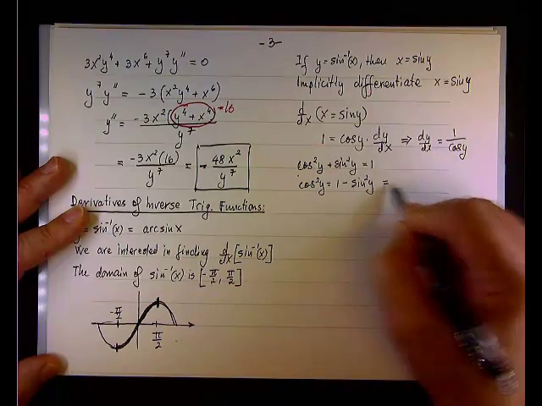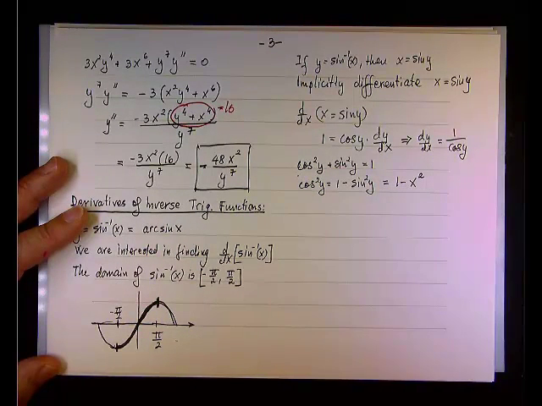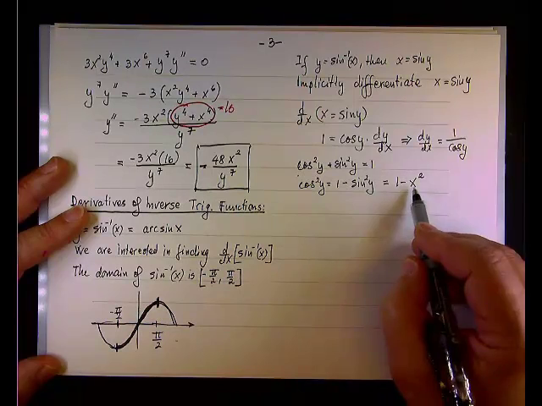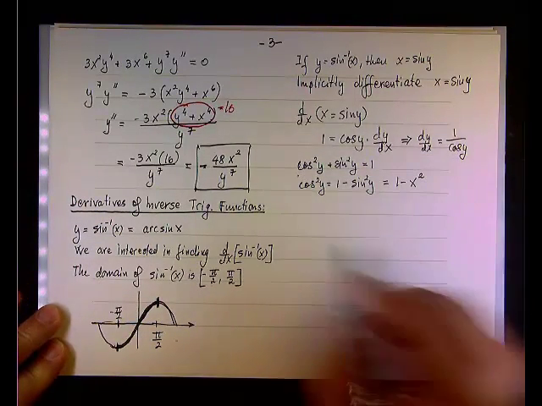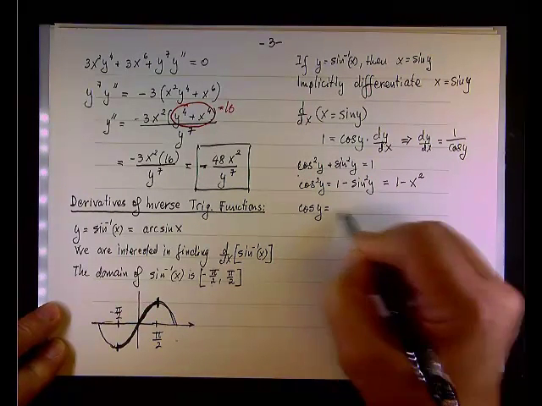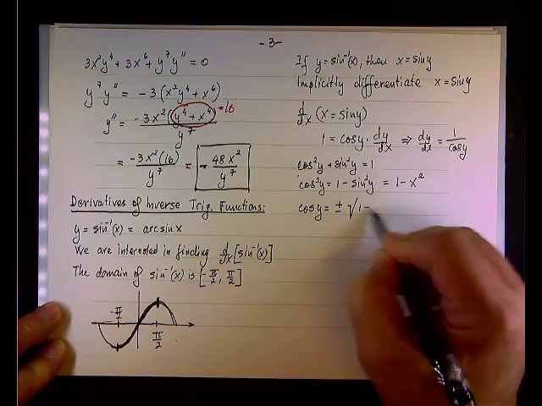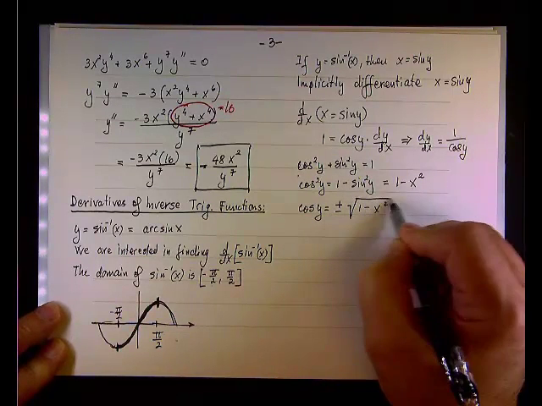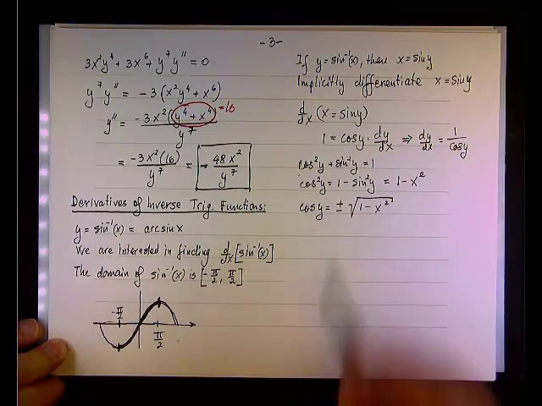Okay, so you see the dirty trick here? So the cosine squared is 1 minus x squared. And with this, we are able to eliminate the y in the derivative. So we need to take the square root, and here we have plus or minus the square root of 1 minus x squared. And now we need to stop and think.